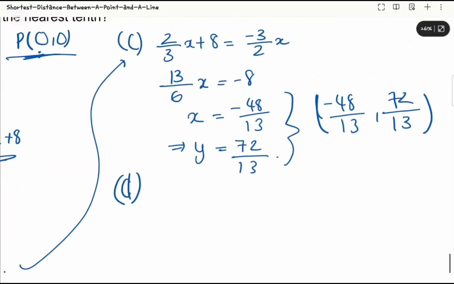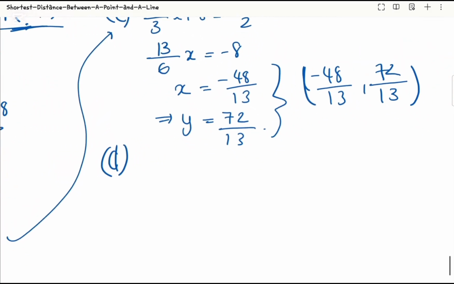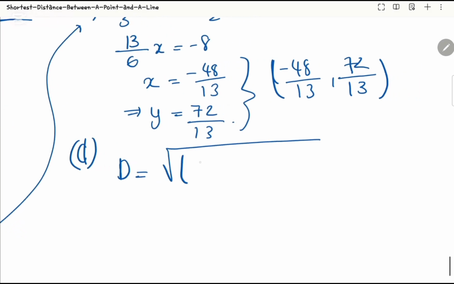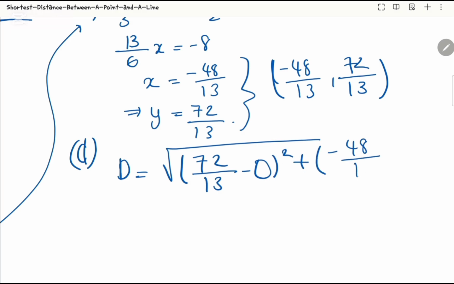Now for part D, let's just find the distance between 0, 0 and that point. So it's going to be 72 over 13 minus 0 squared, and you don't have to do minus 0, it's the same thing, so squared. Okay, the distance is going to be straight to calculator again.